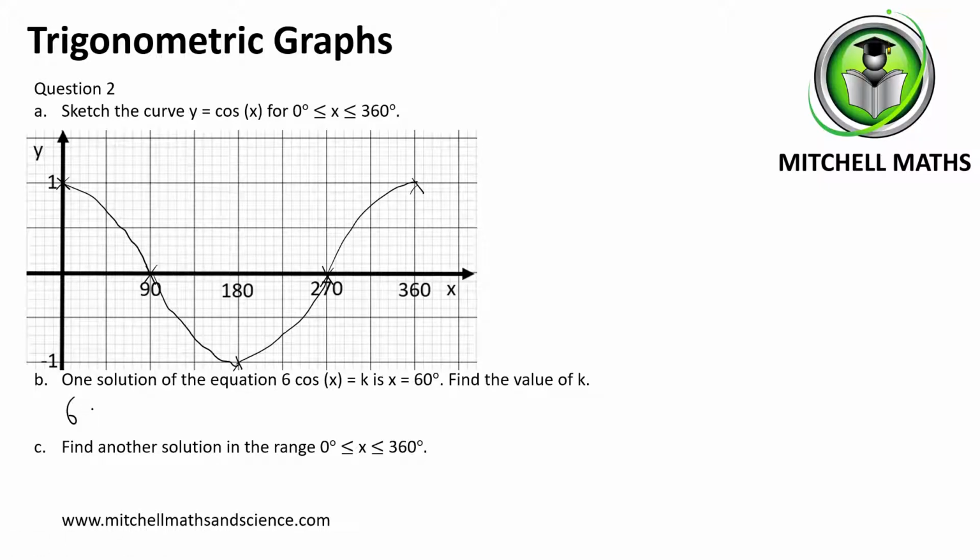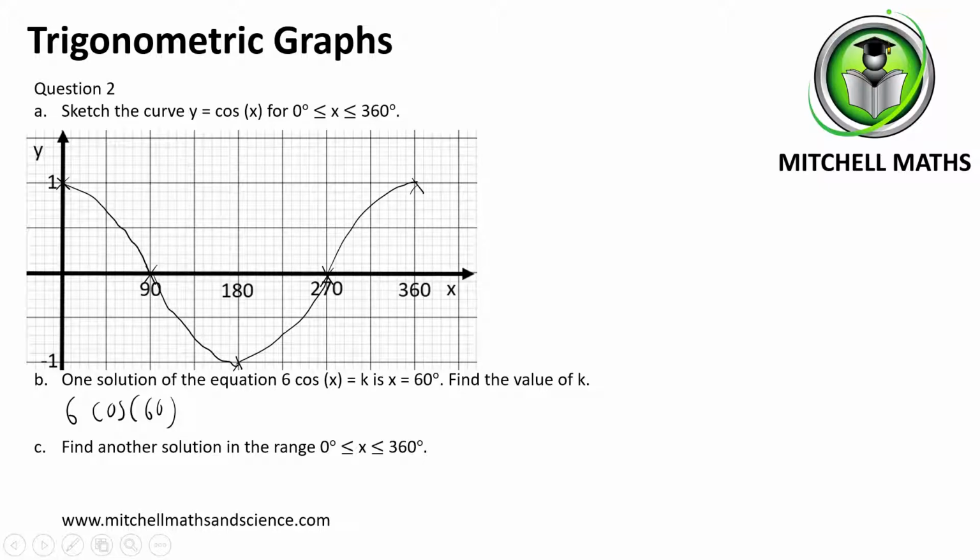So I've got 6 times cos 60 degrees. Now, cos 60 is one of the exact values you need to know in trigonometric ratios. If you don't know your exact values, make sure you learn them. I do have another video on trigonometric ratios if you're interested.